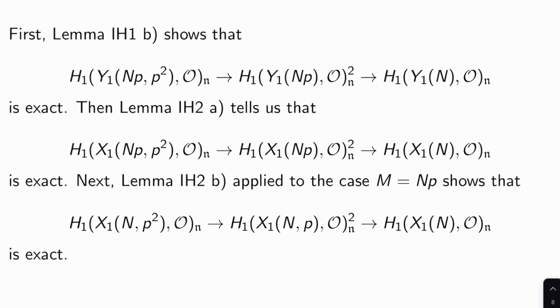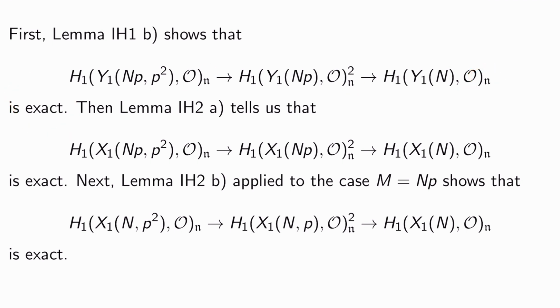Okay, so here's the proof, and this is a really neat proof. I like it. What you do is you just keep abusing these lemmas over and over and over again. So first, if you look at part B of lemma IH1, it shows that H1Y1 NPP squared O localized at frac n to H1Y1 NPO squared localized at n to H1Y1 of n O localized at n is an exact sequence.